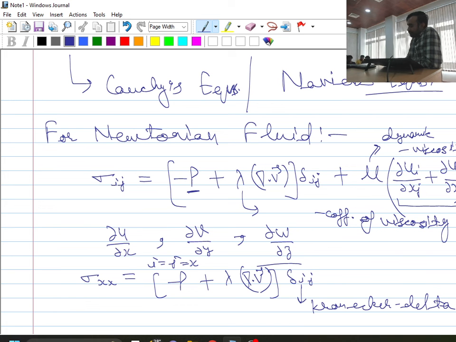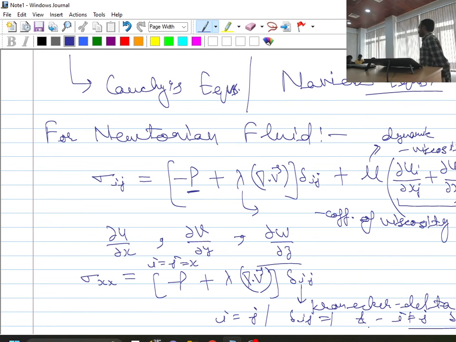Okay, the meaning of the Kronecker delta operator is: when i is equal to j, delta ij is equal to 1, and when i is not equal to j, delta ij is equal to 0. Is this point clear? So when I am talking about sigma xx, I have considered i equal to j, so delta ij will be equal to 1.